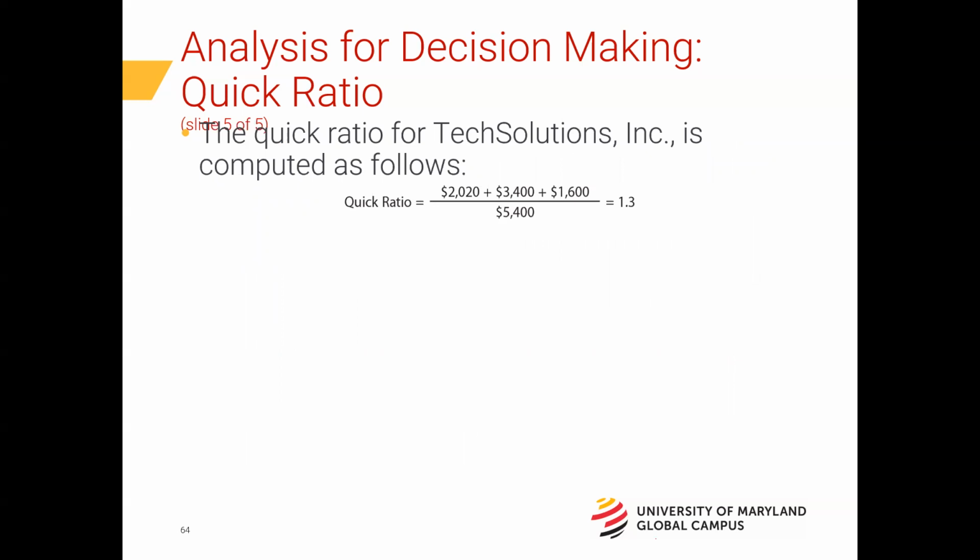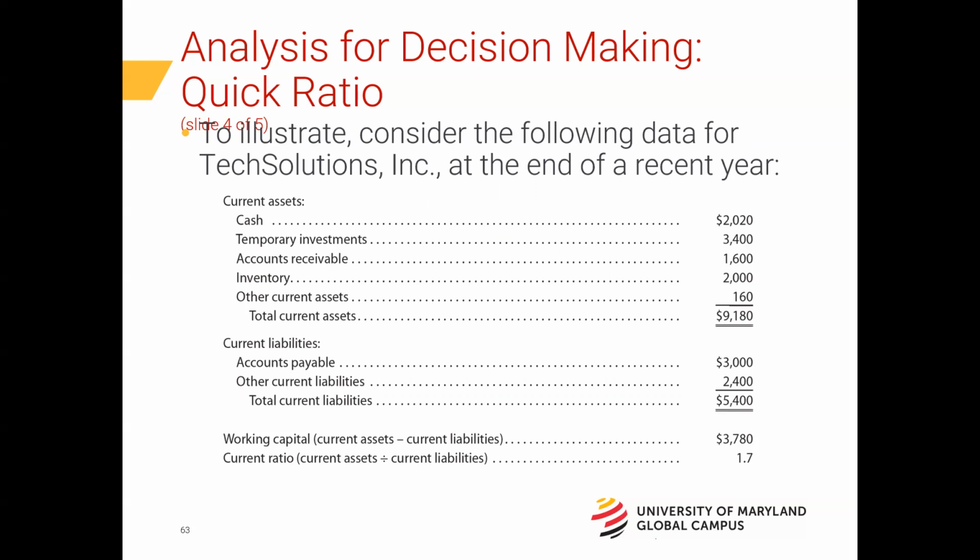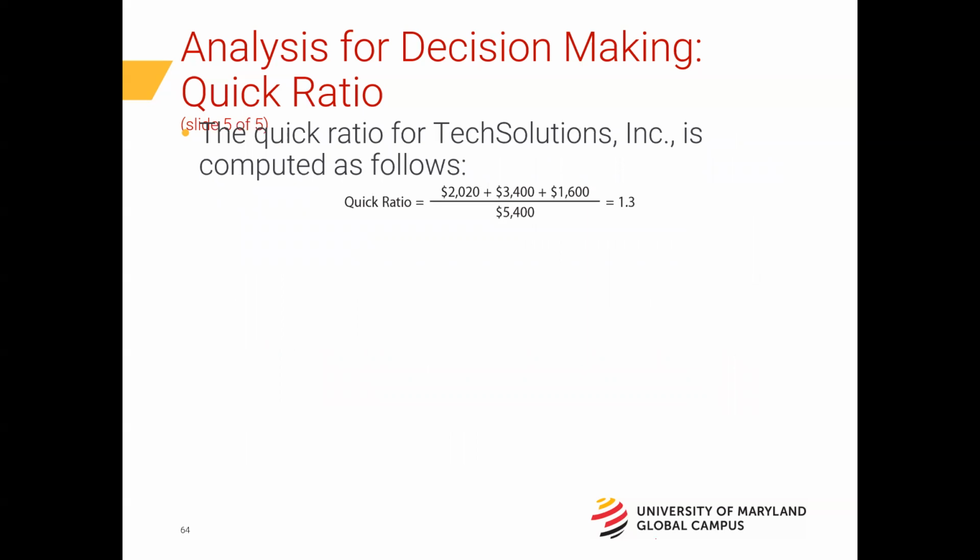The quick ratio, as I said earlier, is quick assets divided by current liabilities. In this example, cash, investments, and accounts receivable are your quick assets divided by current liabilities, 1.3. Anything above 1 for the quick ratio is considered good.